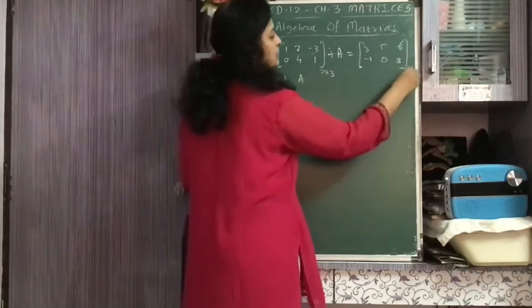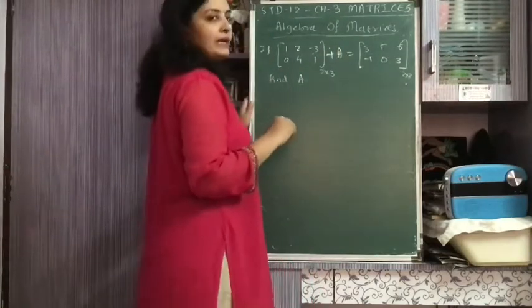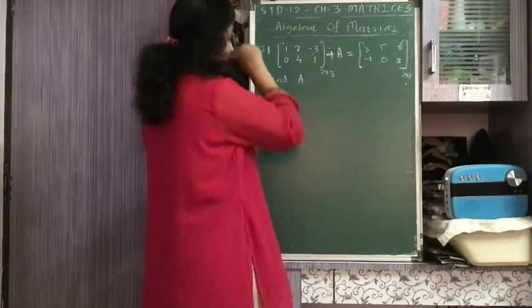This is also 2 rows, 3 columns, and the addition sign is between them. So A will be a matrix of order 2 by 3.